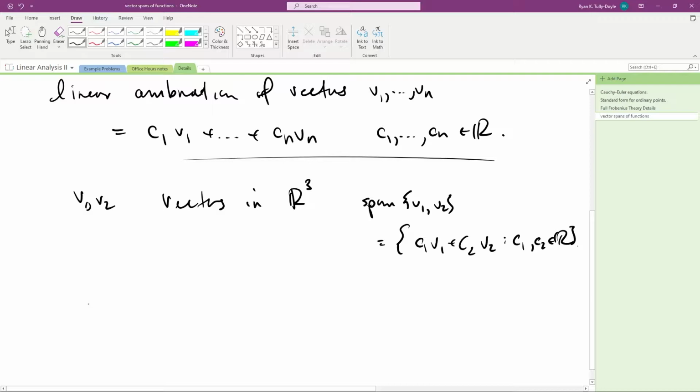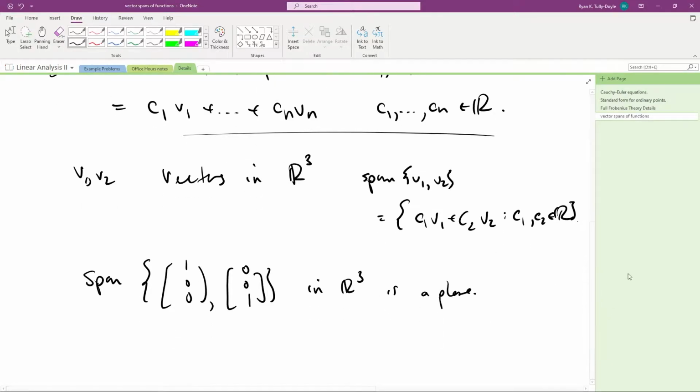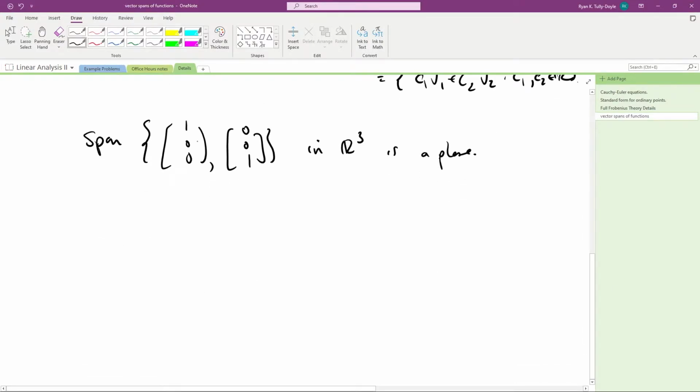So for example, the span of the vectors (1, 0, 0) and (0, 0, 1) in R3 is a plane. The way we visualize this is, here's R3, and if we have the vector (1, 0, 0) and the vector (0, 0, 1), then the combination of those two vectors spans a plane. Two vectors that are linearly independent span a plane.